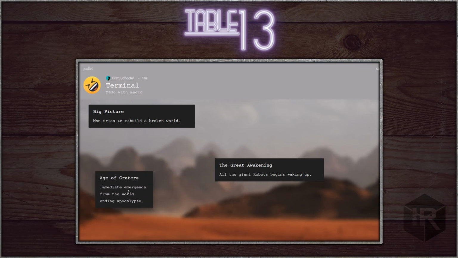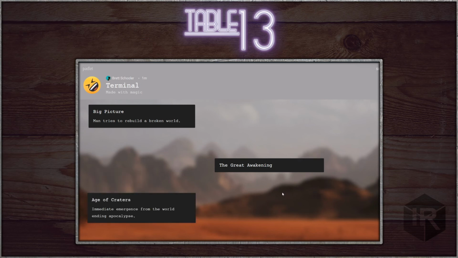Whatever. All the giant robots waking up. Let's just leave it blank for now, and we can decide what the Great Awakening means when we get there. The sentence doesn't work. Giant robots begins waking up. Yeah, one or the other. I'm sorry, they're gone now. I apologize. There's no terrible grammar anymore.